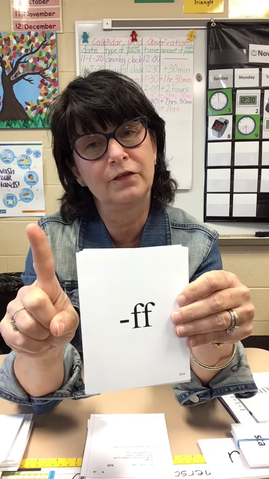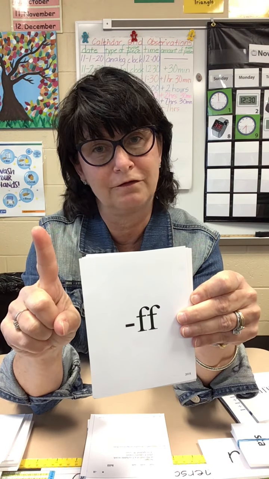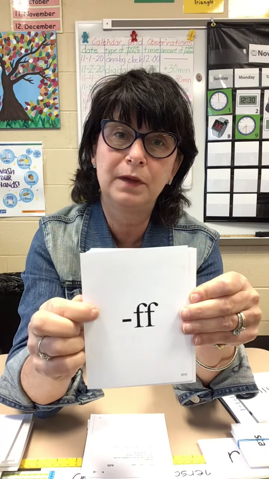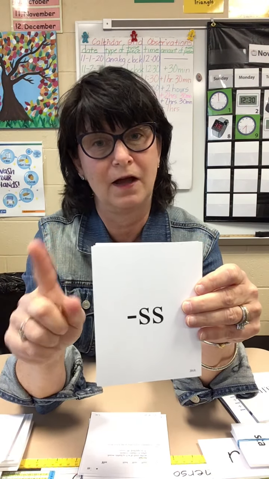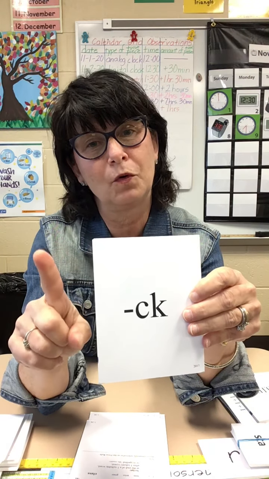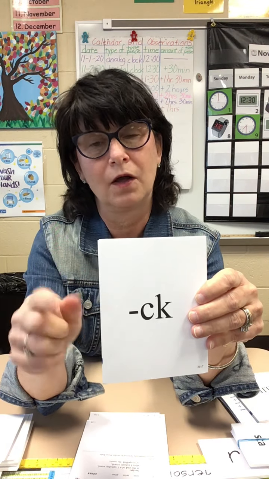At the end of a one-syllable word, after one short vowel, F is spelled FF. An example would be puff. After one short vowel, S is spelled SS. An example would be hiss. K is spelled CK.